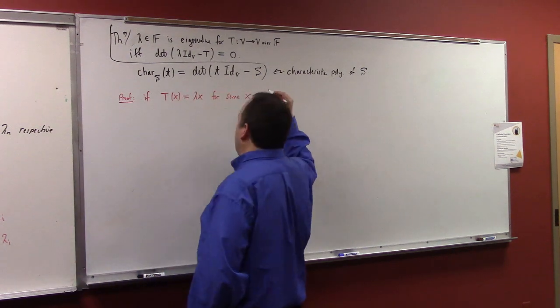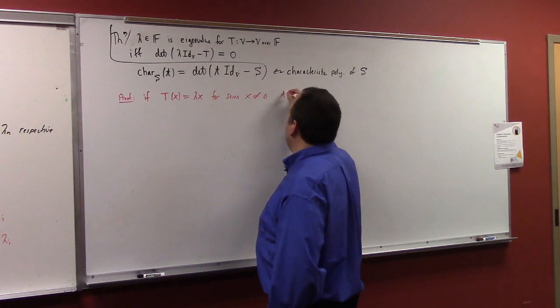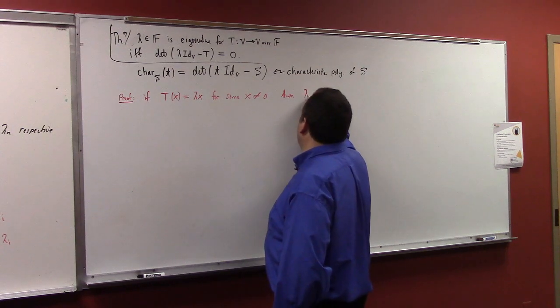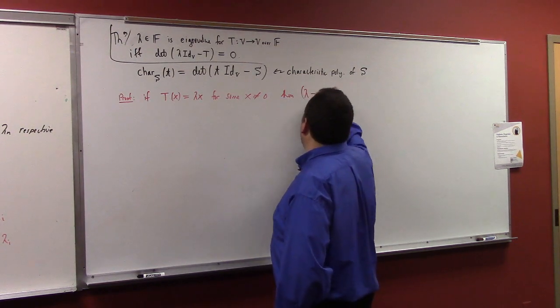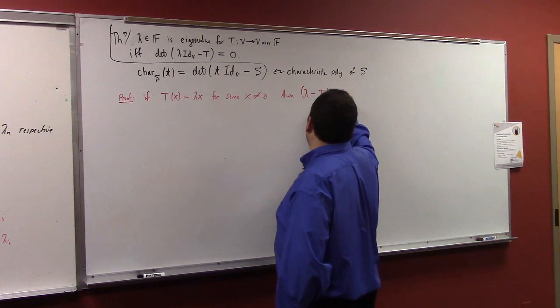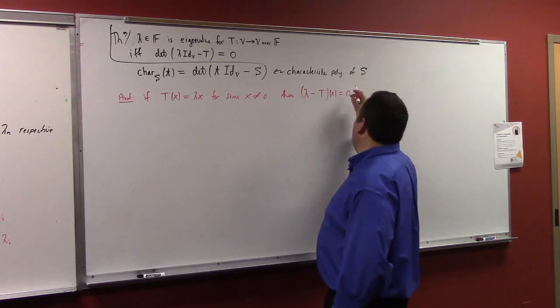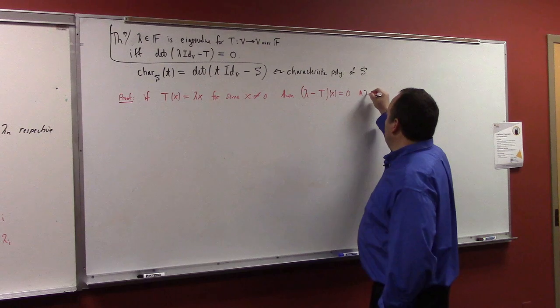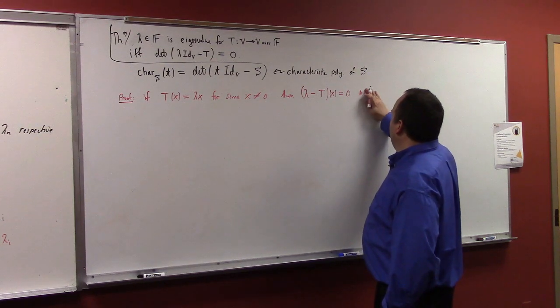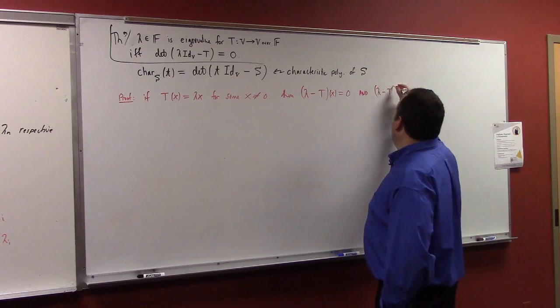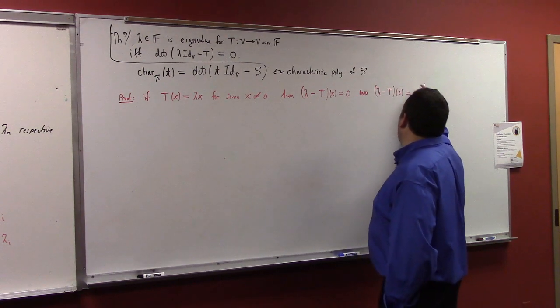Then lambda minus T times x is equal to 0, right? And lambda minus T times 0 is equal to 0.